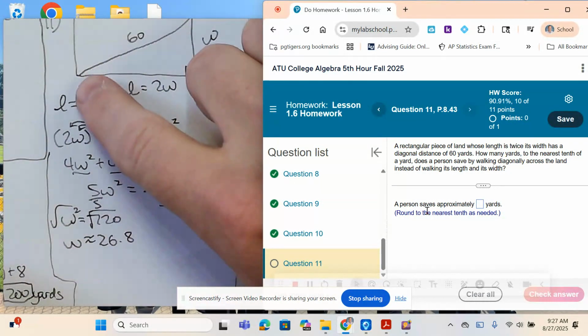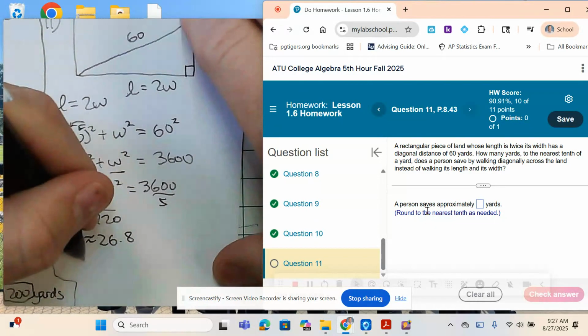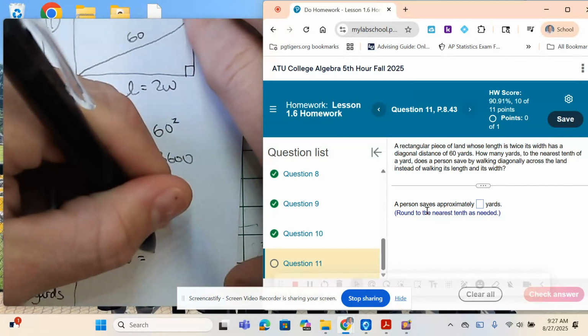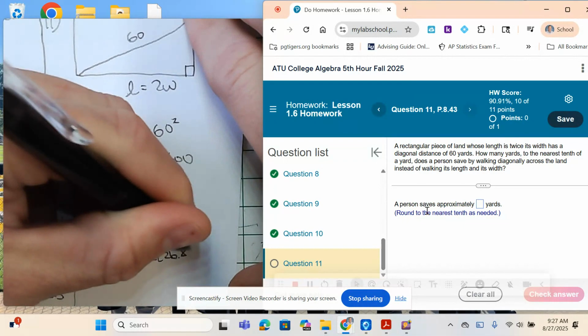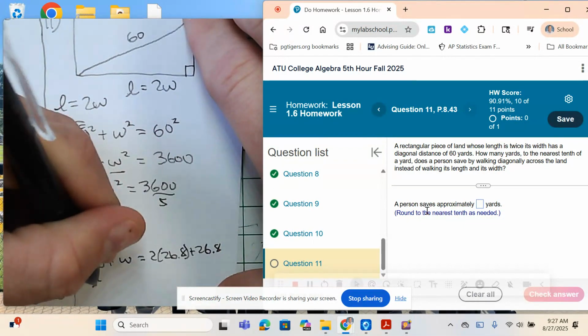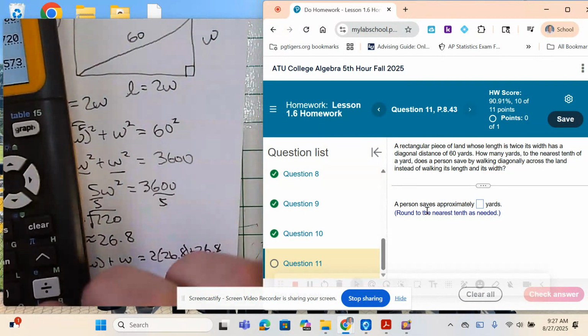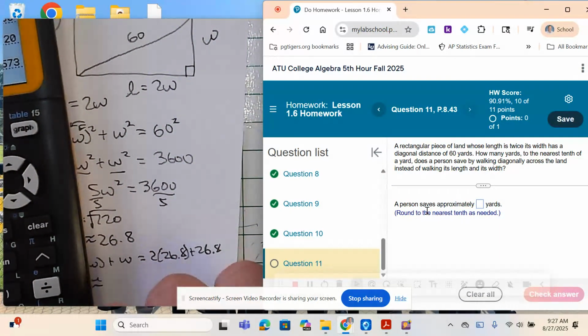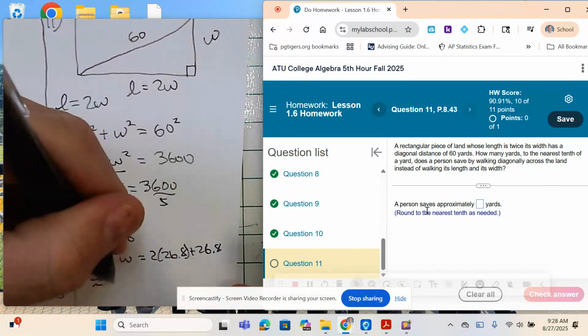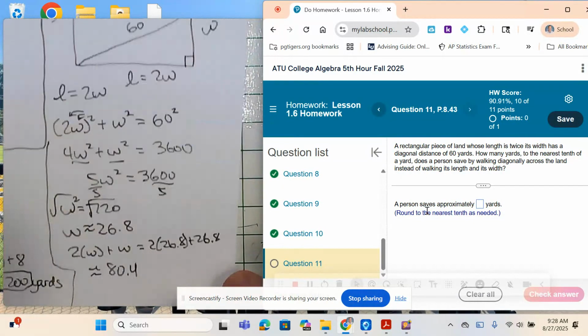So to walk this way, I'm going to do 2w plus w. So 2 times 26.8 plus 26.8. If you don't quite get this today, I will go over this on Friday, so don't stress about that. So I would get 80.4 going the long way.